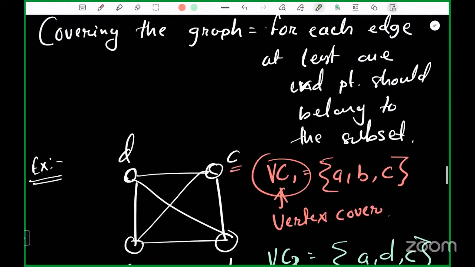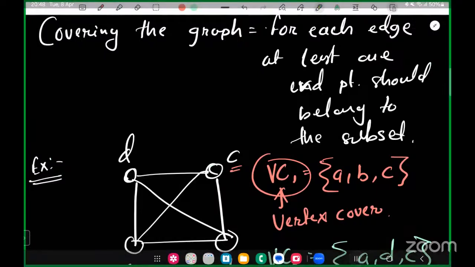Ma'am, ma'am. if it is given with the adjacency matrix, so is it possible to? Okay, just 1 second.